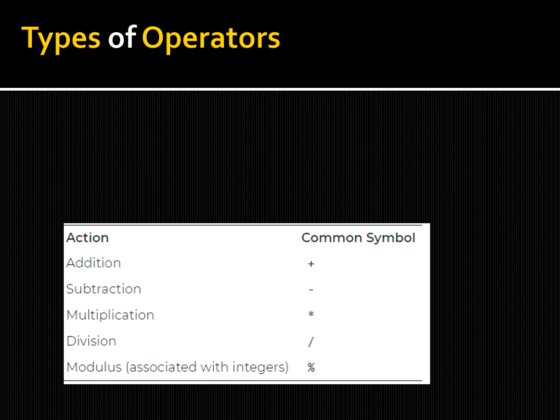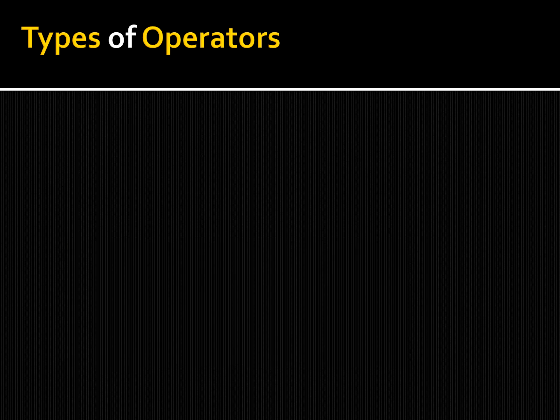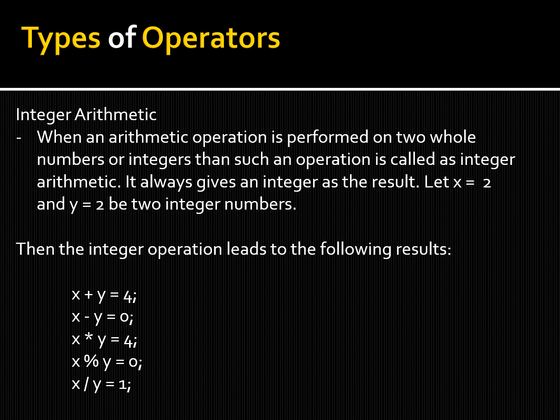Modulus is associated with integers. So the arithmetic operations are addition, subtraction, multiplication, and division. Arithmetic is performed according to an order of operation. The order of operation used is PEMDAS: parenthesis, exponent, multiplication, division, addition, and subtraction.